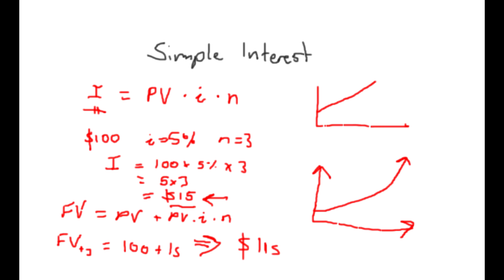What compound interest is looking at is essentially if we put $100 in the bank, then using this simple interest calculation after 1 year, we would earn $5 interest.